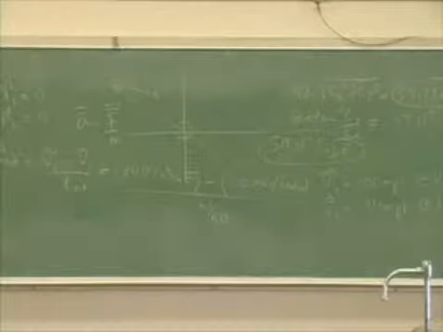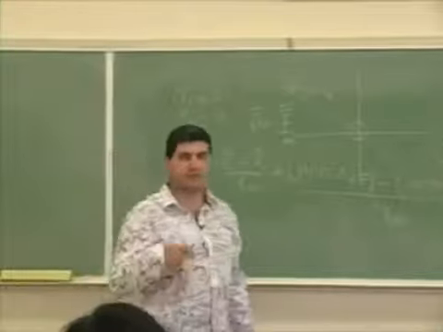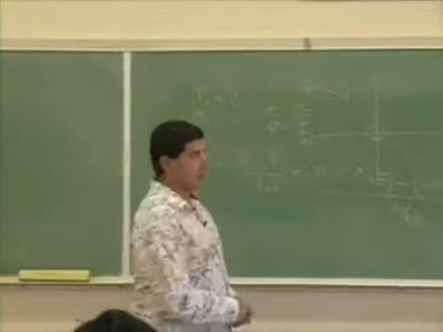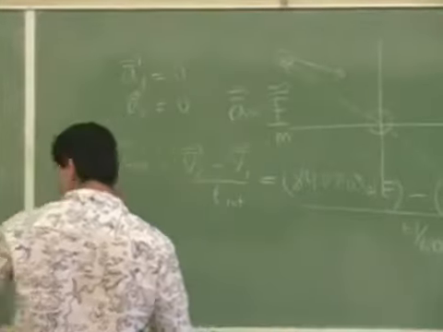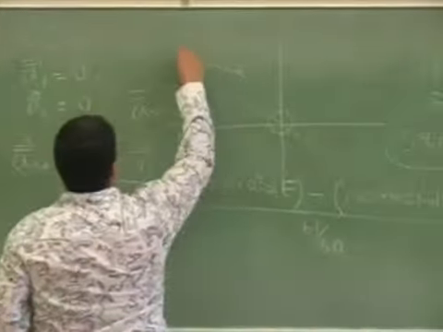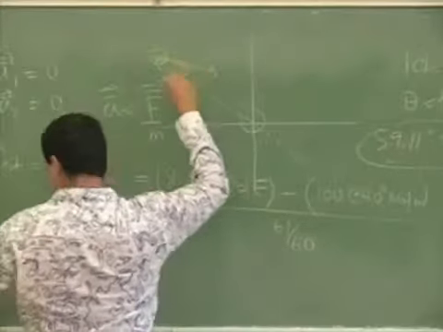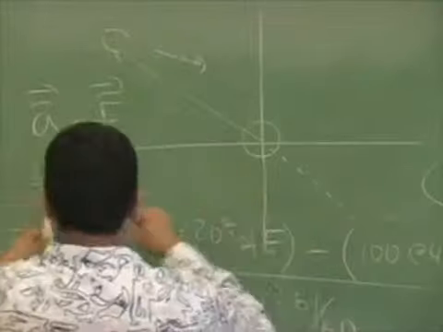Now, what do I expect to get? What kind of vector do I expect to get? I can make a little prediction here. I expect to get a certain vector that looks like this. Something that is pointing in this direction.